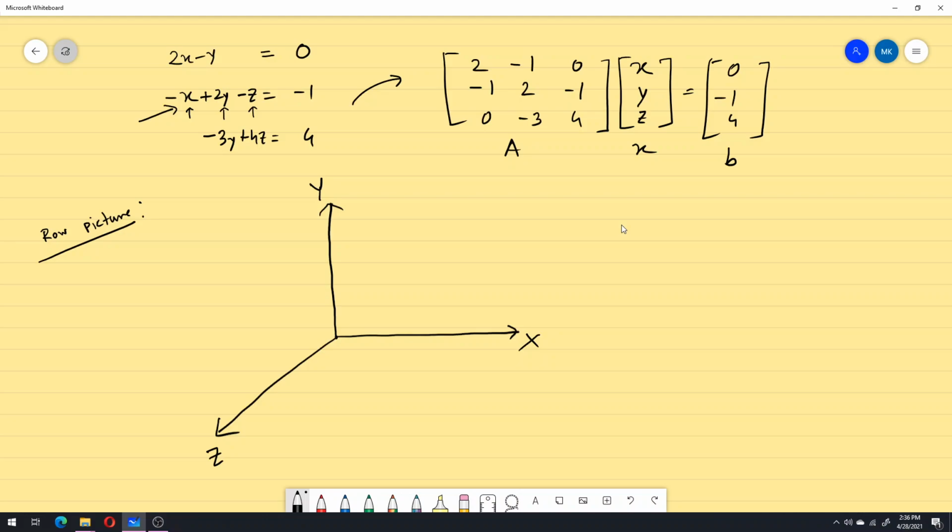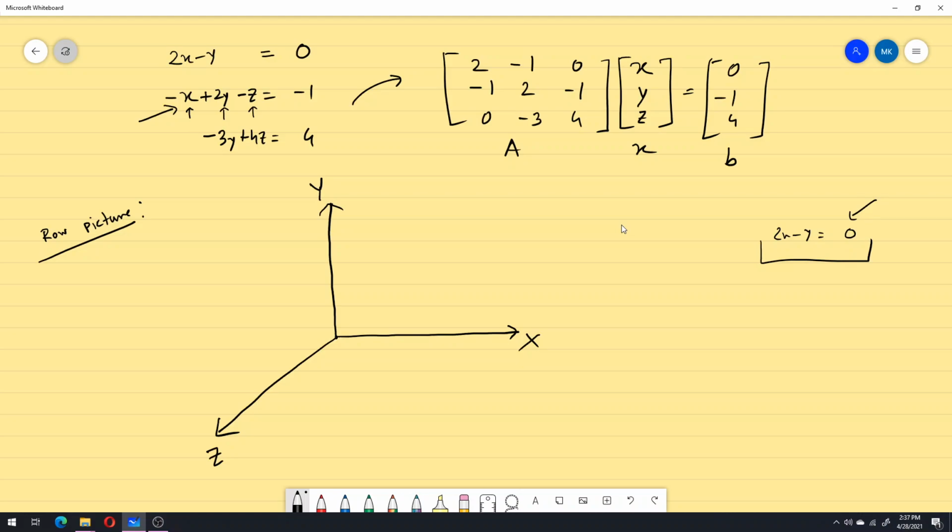in the previous example where you tried to draw an equation with two unknowns, you got a straight line for the row picture, right?